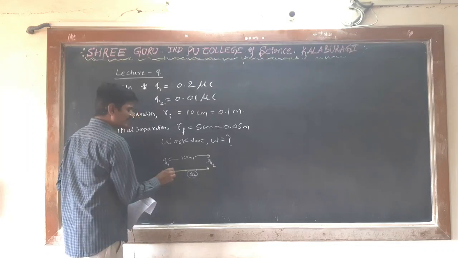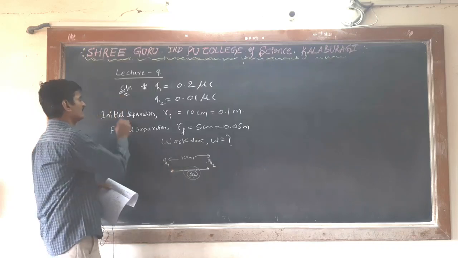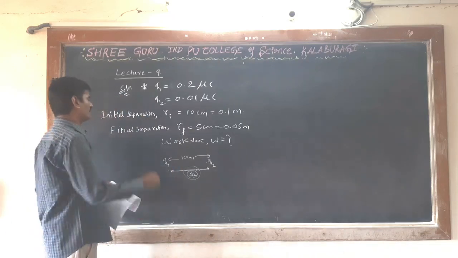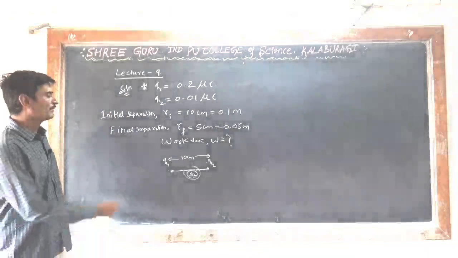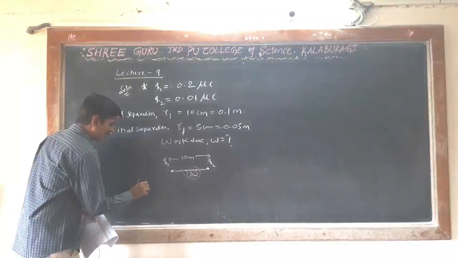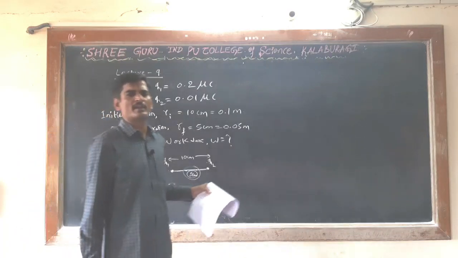I will call this the initial position, this the final position. So initial separation is 10 centimeter, final separation is 5 centimeter. So now we want work done, simple. We know that work done is equal to the change in potential energy.